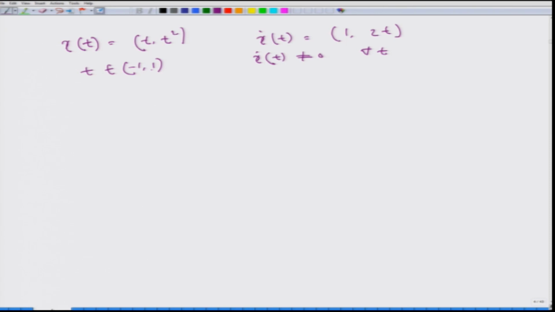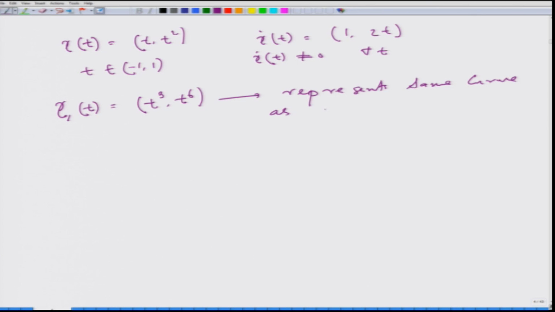Now, if you look at this curve, which is, let us say, (t^3, t^6), this represents the same curve as (t, t^2). Speed has been tripled, but this is not regular. Why?